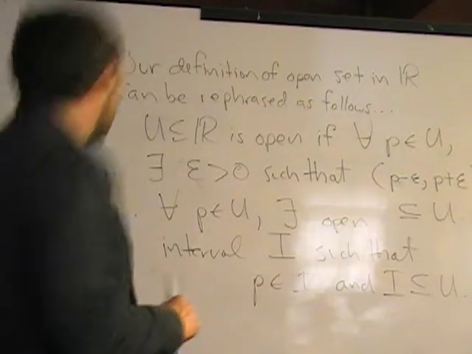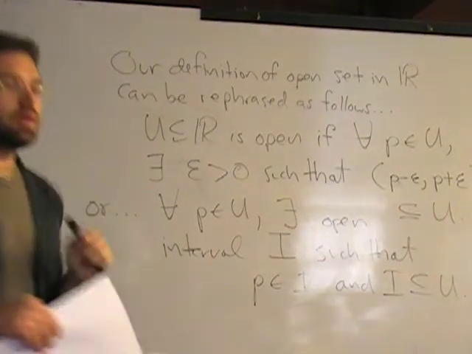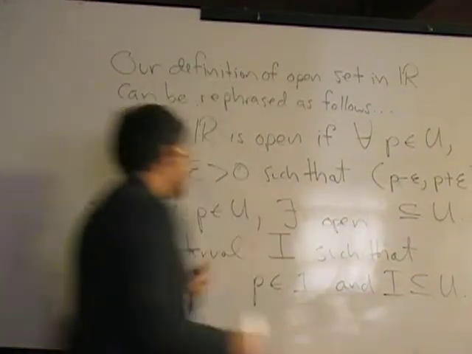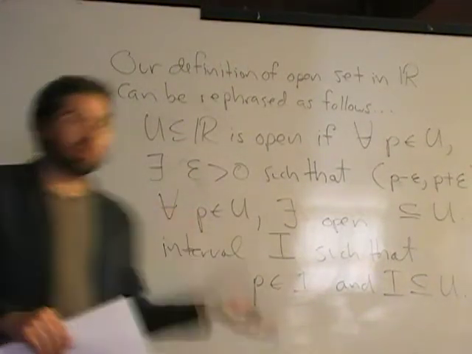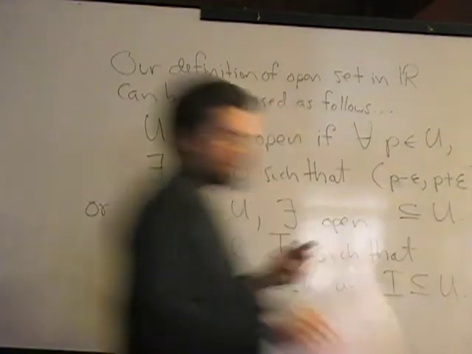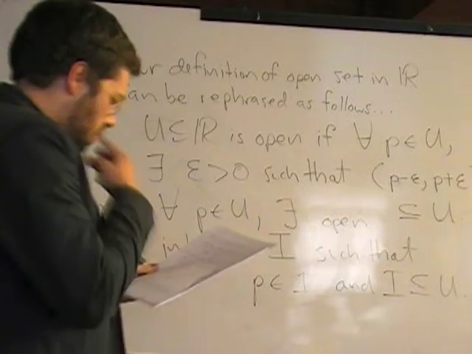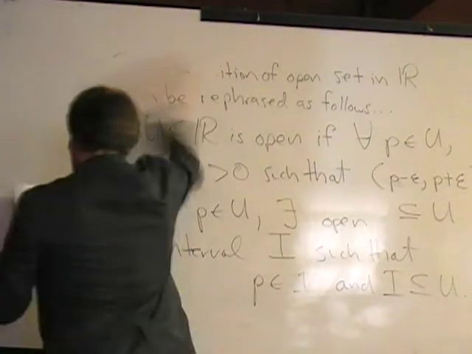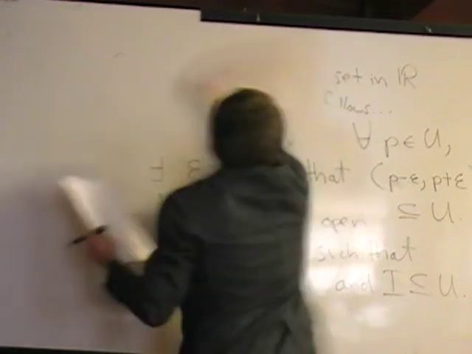So this is a very clean way of stating what an open subset of R is, once you already know what we mean by an open interval. So an open interval is an example of an open set, but this gives you all the other examples of open sets. So the picture is even simpler now.